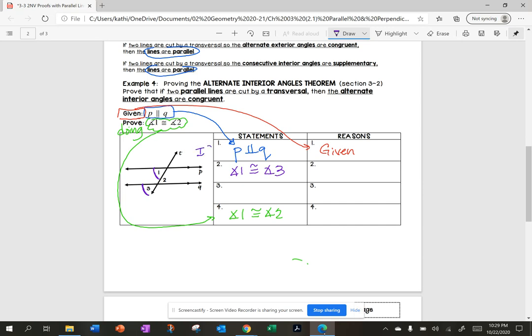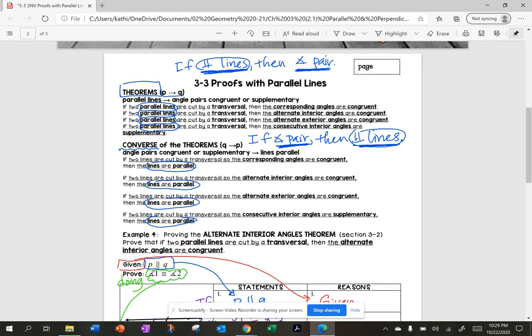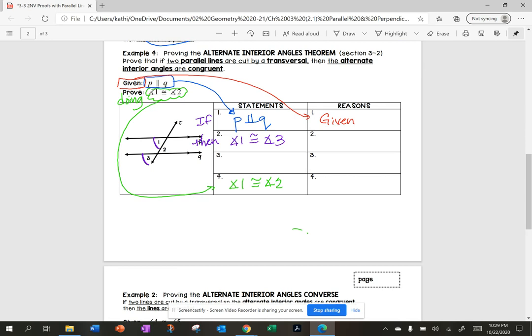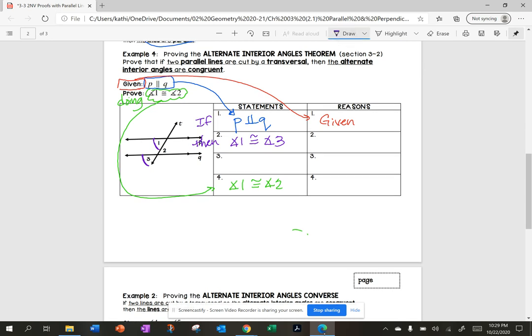So this is the if part, and this is the then part. If I have two parallel lines cut by a transversal, then the corresponding angles are congruent. So my reason is: if parallel lines, then corresponding angles are congruent.